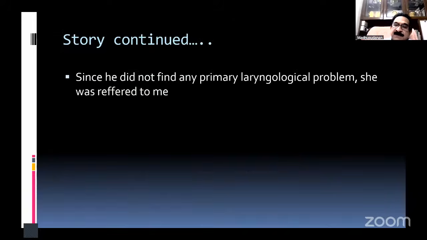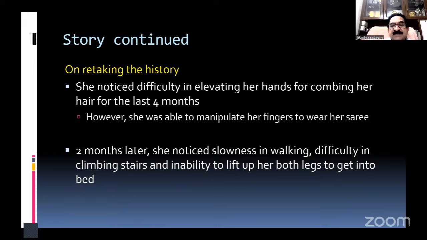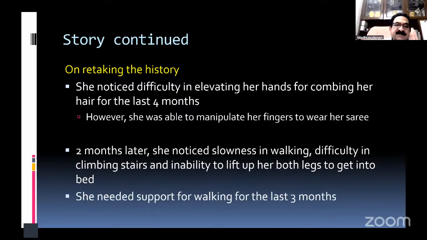Then she had difficulty in elevating the hand for 3 months, and for 2 months difficulty climbing stairs and unable to lift both her legs into the bed. She needed support for walking for the last 3 weeks.